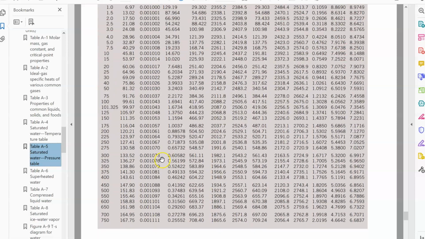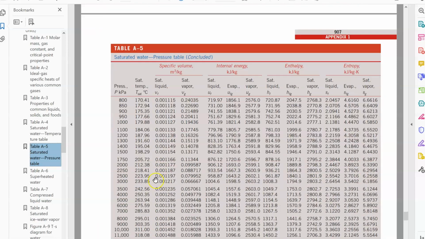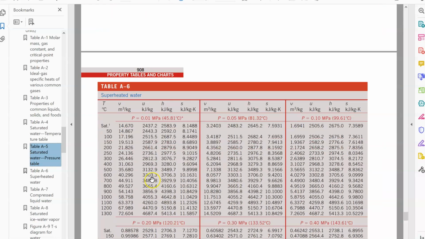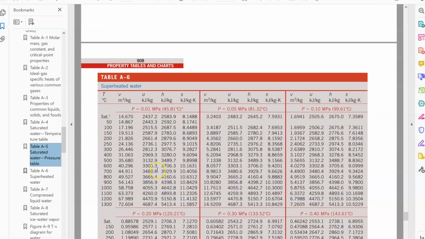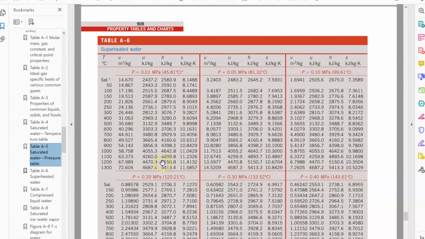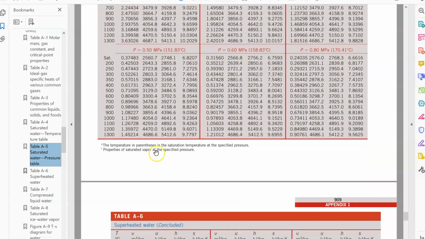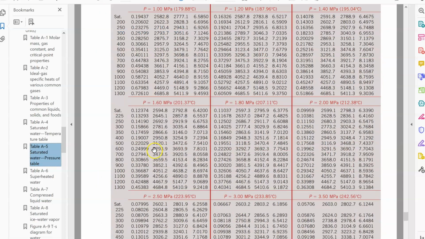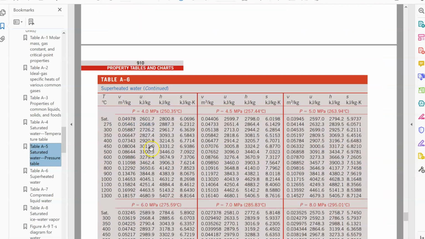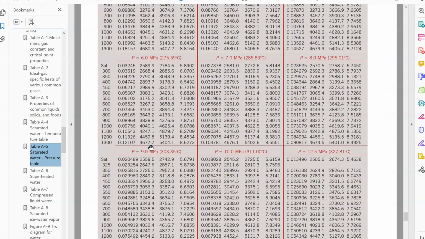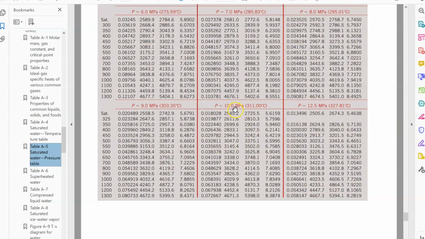Right? So we scroll down to table A6. Okay, and given to you 10 megapascal, you will look through the pressure of 10 megapascal. Right, so here's the 10 megapascal.